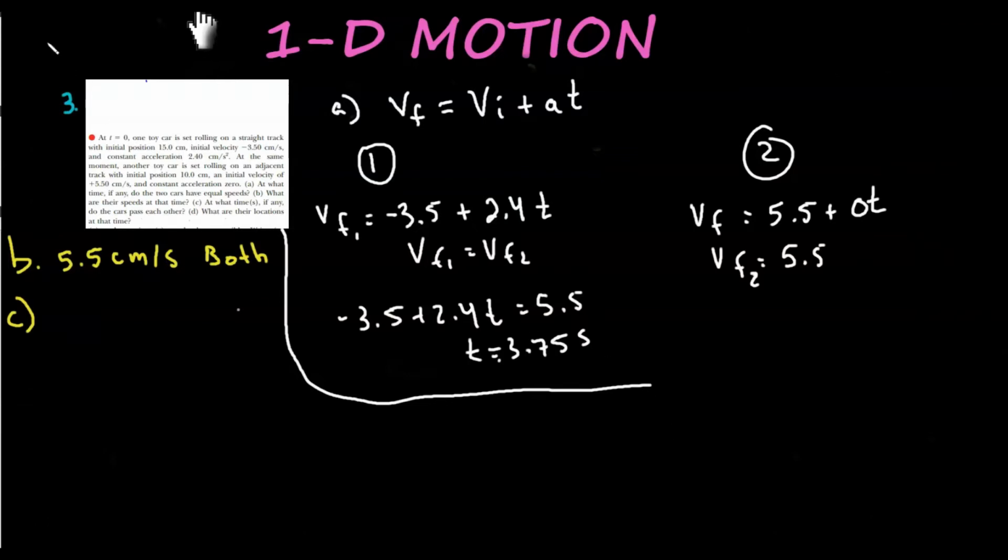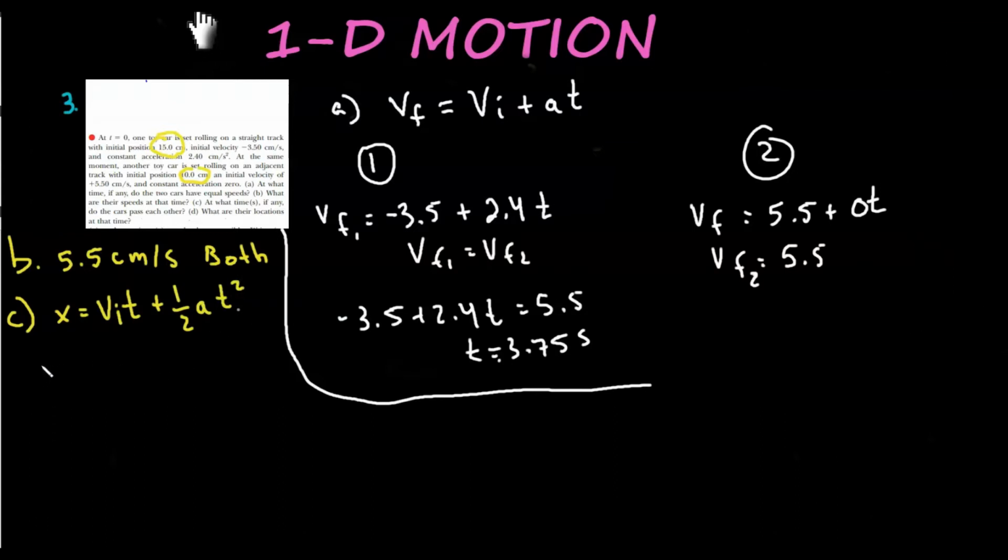Alright, so we need to find the distance traveled for each car, and we have to note here that car 1 is ahead of car 2 by 5 centimeters, right? So that's going to play a role in our answer here. We know that the equation of motion to determine distance is v initial times time plus 1/2 a t squared, right?